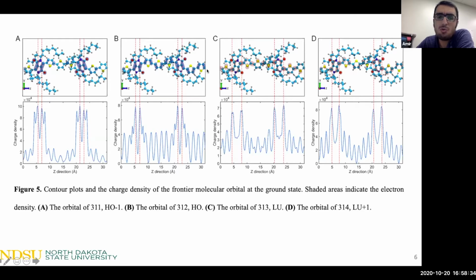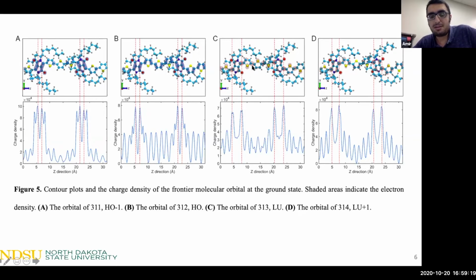For the HOMO, the maximum amount of charge appears in the previously named pyrrole, but David told me that's wrong, I forget the name again, around the nitrogen. But all the tyrosine groups along the backbone have a good amount of the charge density. So this charge density delocalized over the backbone makes this orbital conductive.